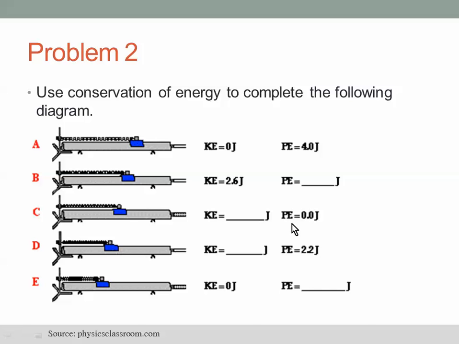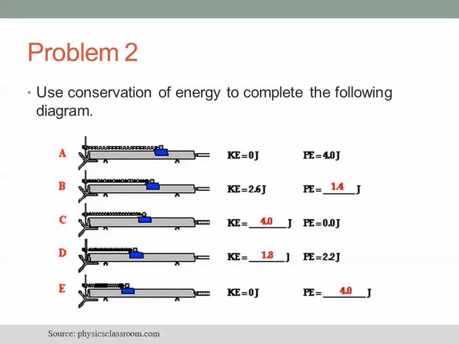It must be all kinetic energy, so its kinetic energy has to be 4 joules. Then, as it compresses more, it has more potential energy, and it's also going to have less kinetic energy. Then it reaches its maximum compression, where kinetic energy will be 0 joules, and its energy will be all potential energy, so it'll be 4. So the numbers to fill out for this will look like this.